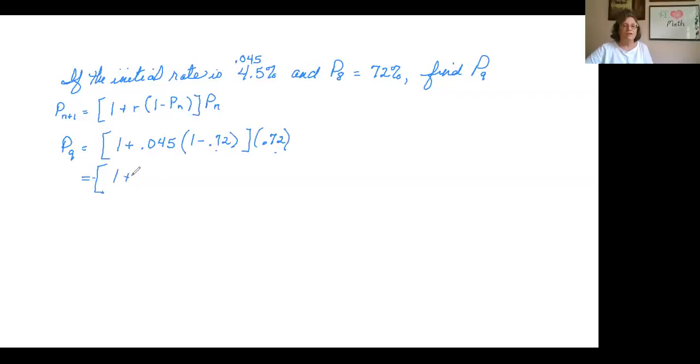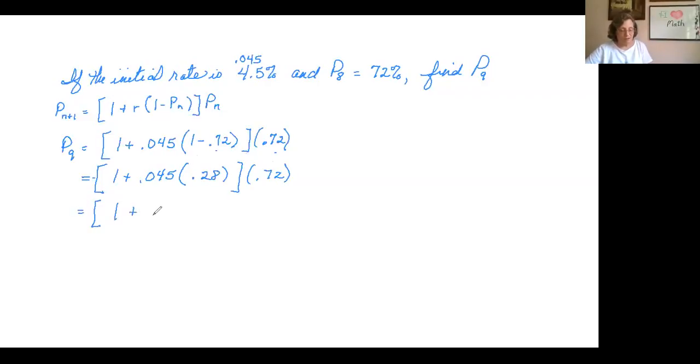So we've got 1 plus 0.045 times 0.28. Multiply these out.